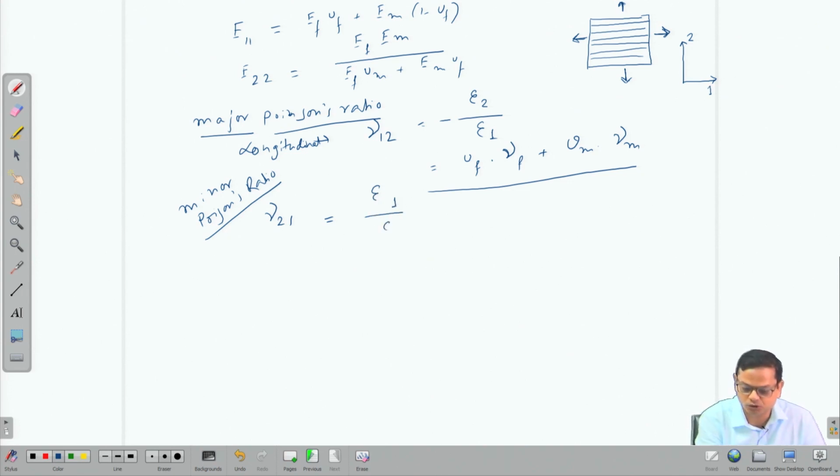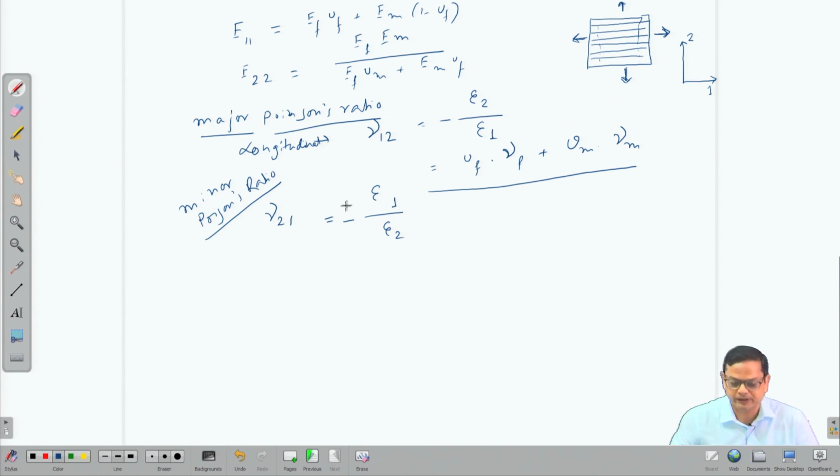So, epsilon 1 over epsilon 2, and again there will be a negative sign, because now epsilon 1 is a contraction, as there is transverse loading. So, there will be contraction like this in the one direction.